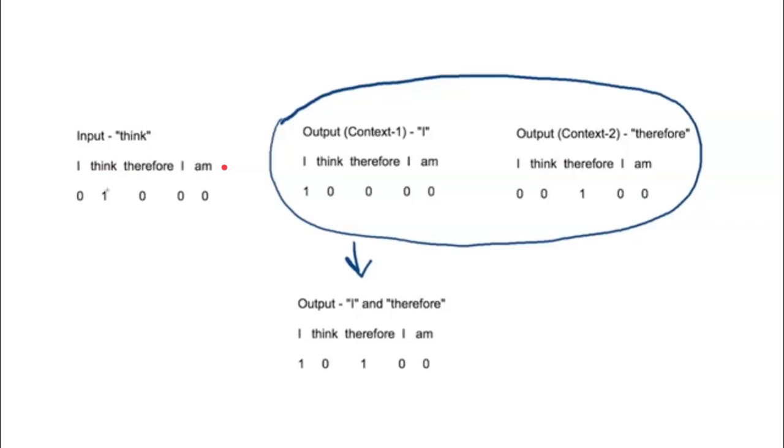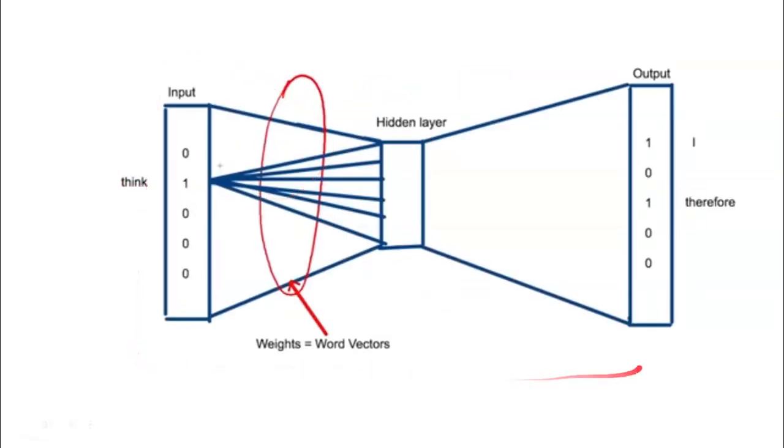Fine. Now for the neural network, this is how it will look. It has one input layer, one hidden layer, and one output layer.